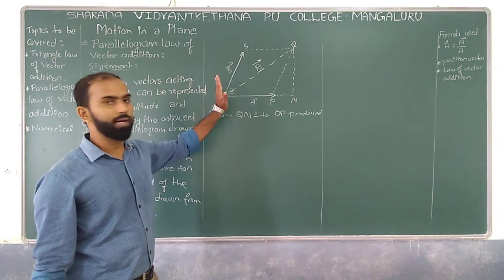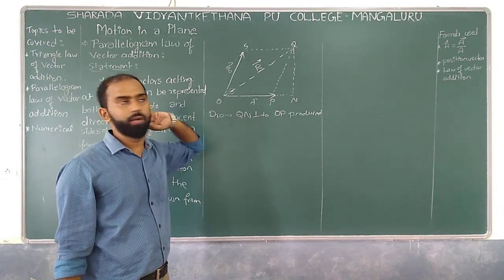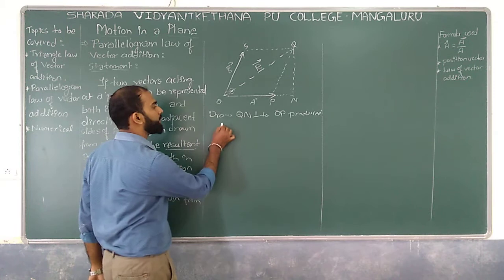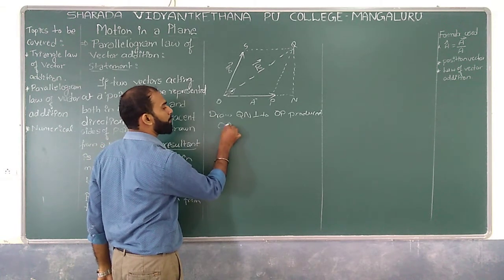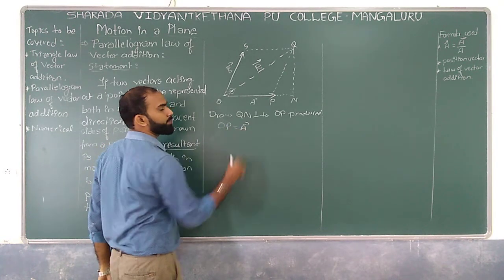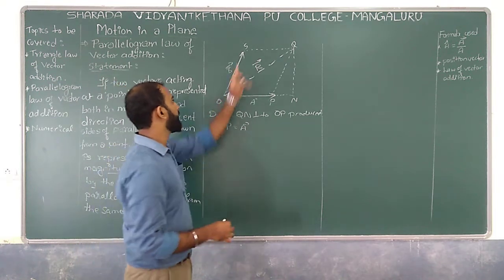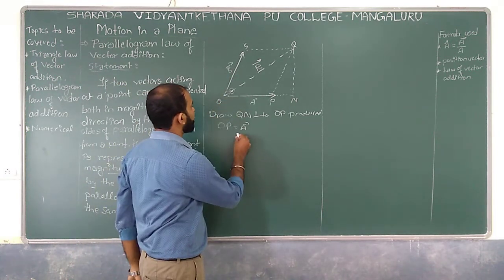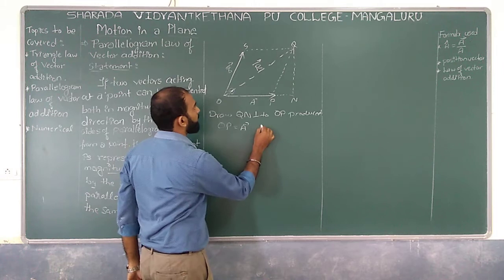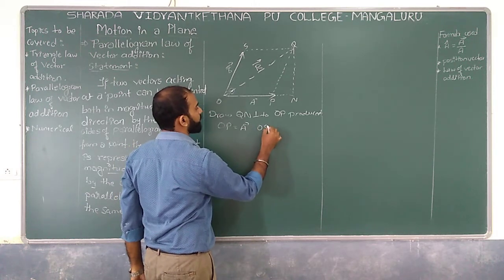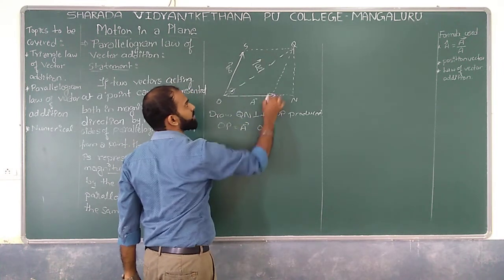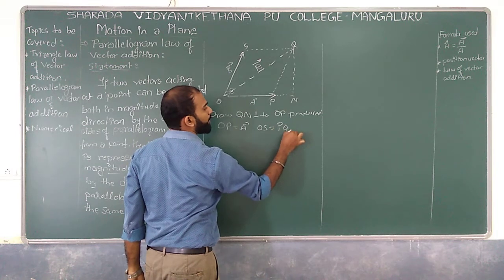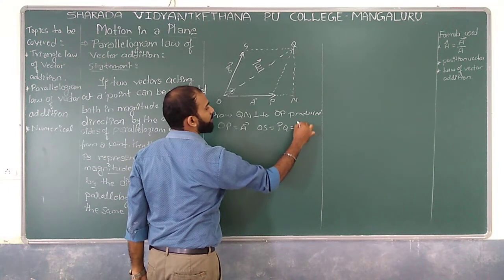By looking at the figure, what can we confirm here? Can I say that OP is equal to A vector, correct? Similarly, OS is equal to PQ, so PQ is equal to B vector.